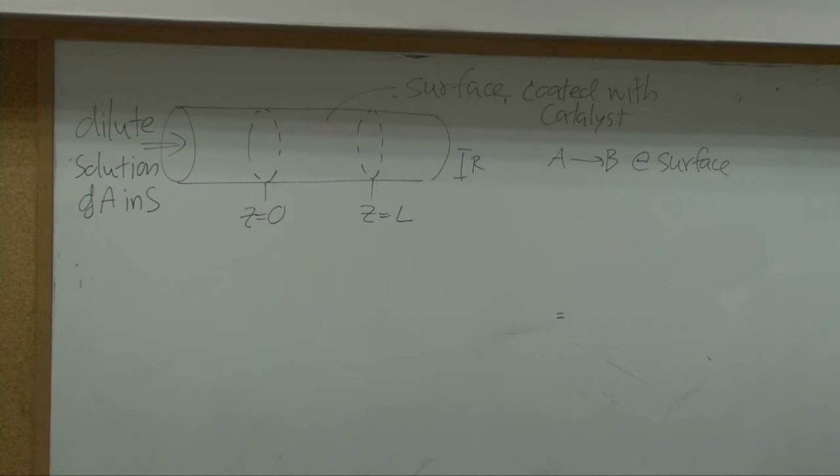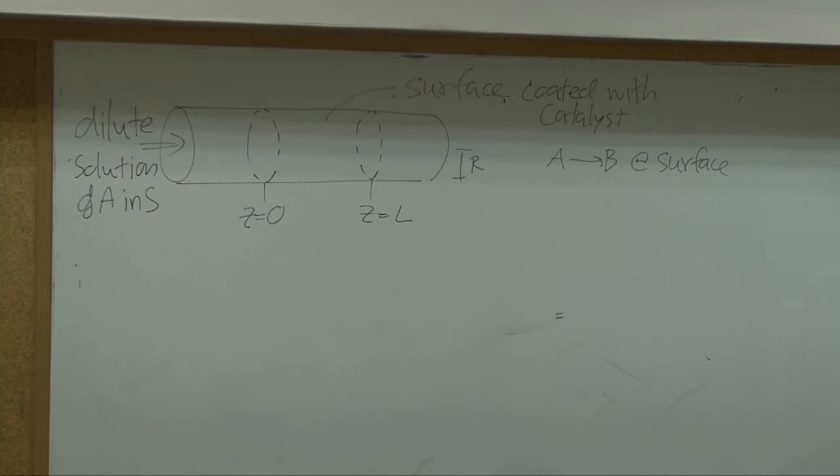Do we have momentum transport? We do. In which direction? In momentum transport, R. Do we have VR? No. We have only VZ, right? But VZ changes in the R direction.